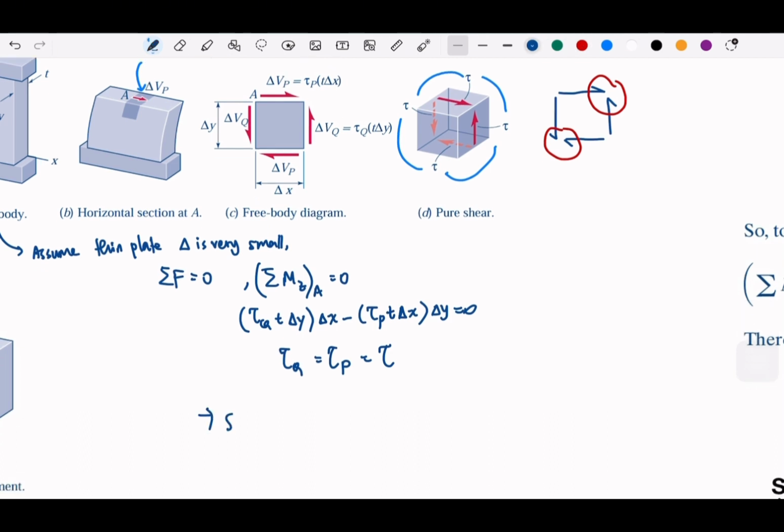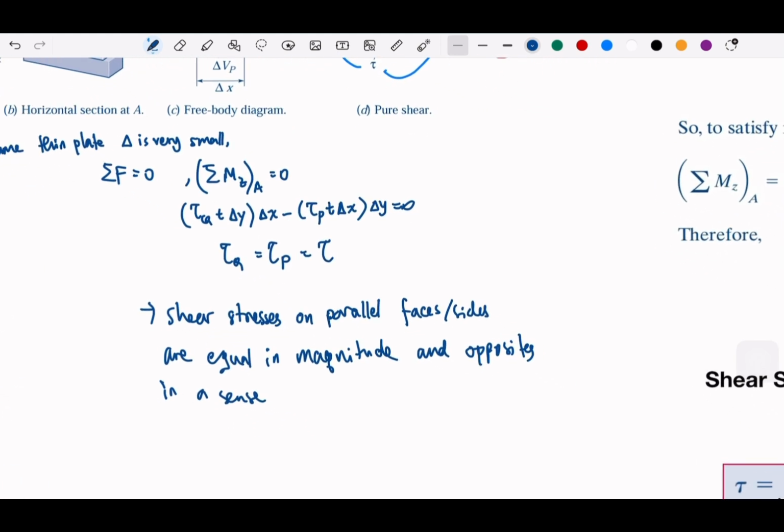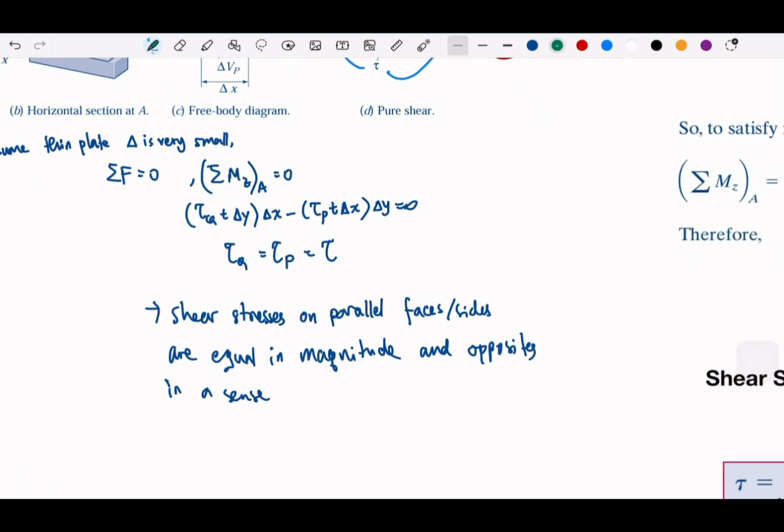And then the shear stresses on parallel faces or sides are equal in magnitude and opposite in sense, which means this is how we define the direction to be like this.